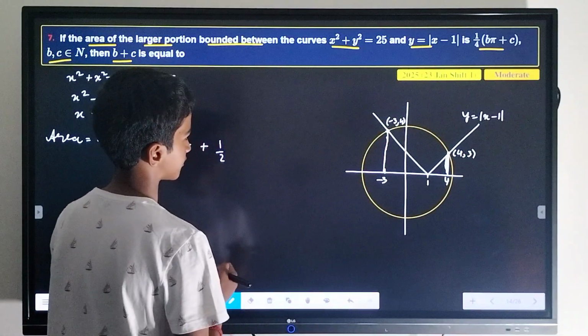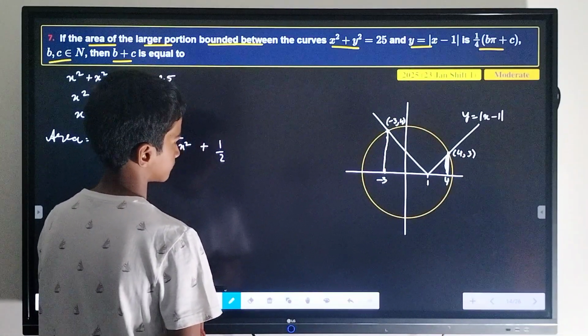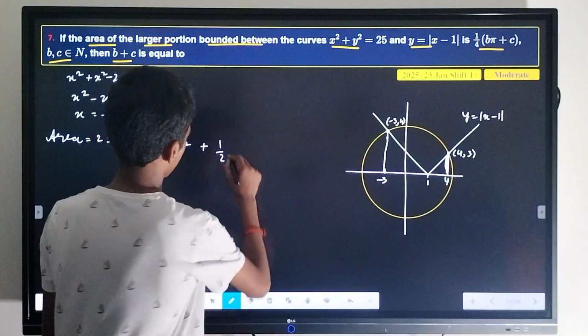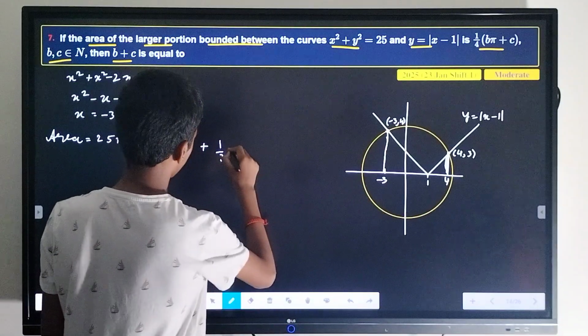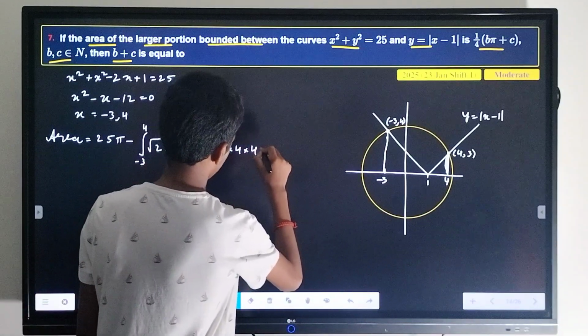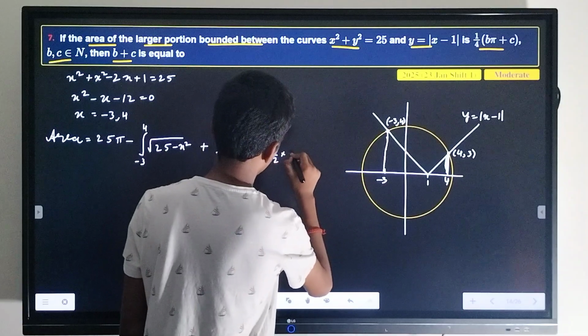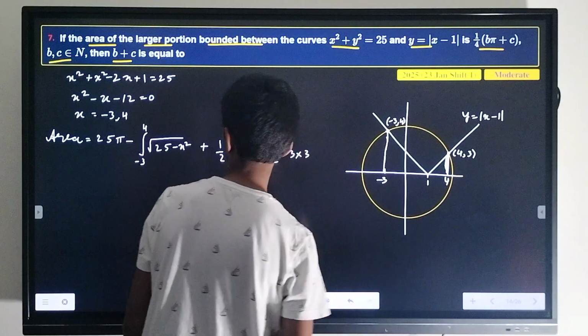So from here we will get 1 upon 2 into 4 into 4 plus 1 upon 2 into 3 into 3.